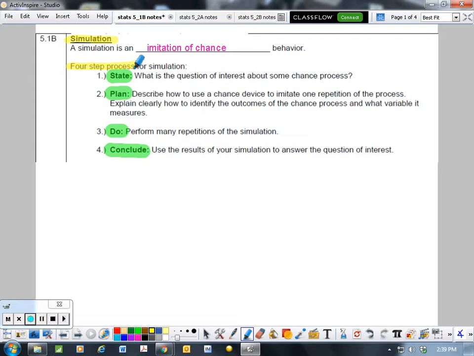Now your plan is, how do you plan to use the chance device? So really thoroughly describing what you're going to do for the simulation to represent that chance. So going through and saying that since there are two genders, I'm going to use flipping a coin to represent the chance process of getting one of the genders.